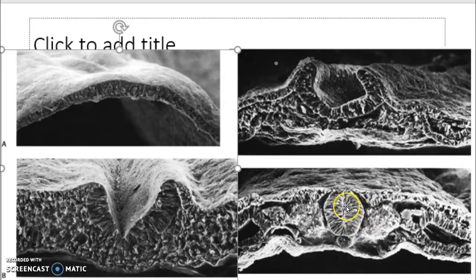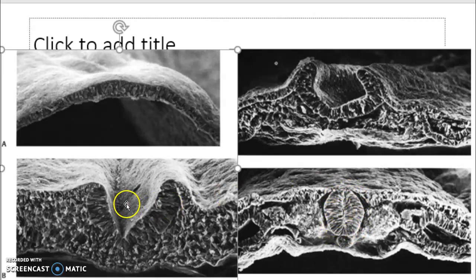Now this tube starts to differentiate into the more anterior region, which becomes the brain, and the more posterior region, which becomes the spinal cord. So the front becomes the brain, the back becomes the spinal cord.